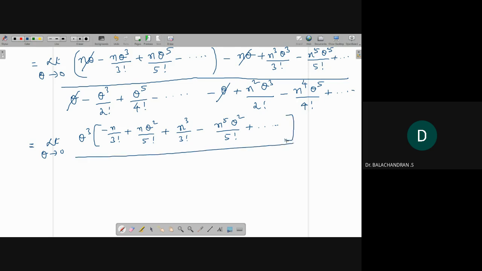So the denominator, I also took theta cube common. Remaining is what? Minus 1 by 2 factorial, plus theta square by 4 factorial, plus n square by 2 factorial plus 1 by 3 factorial.